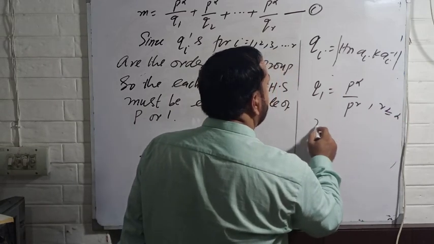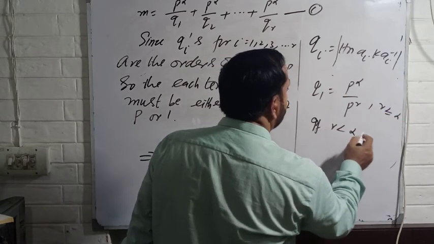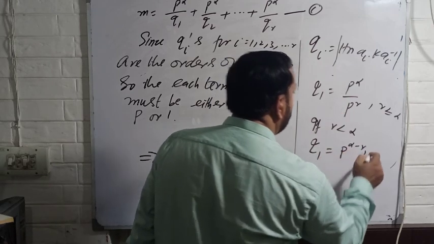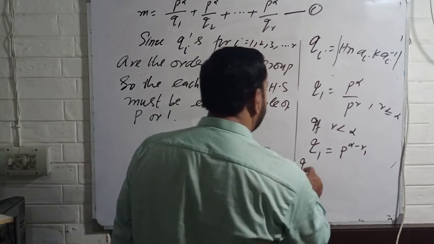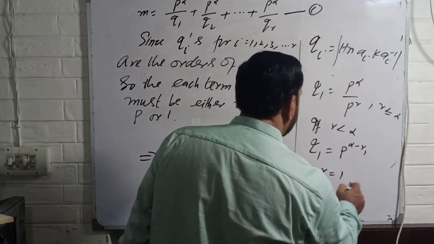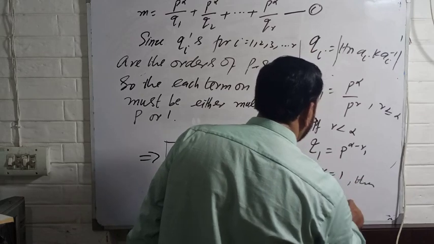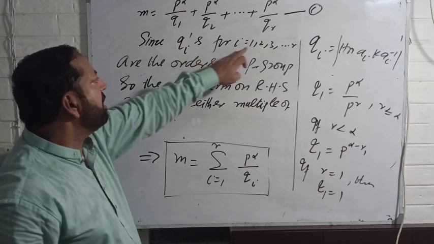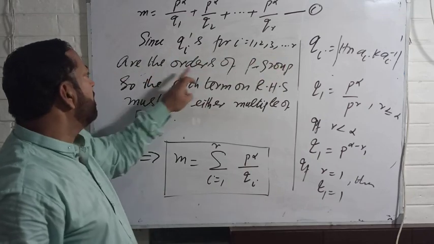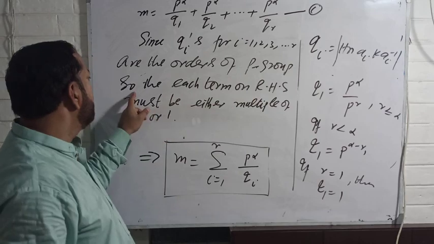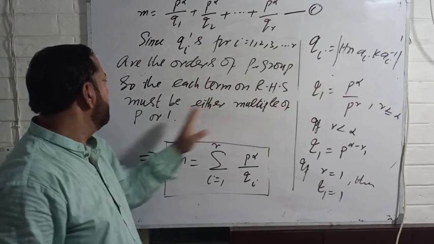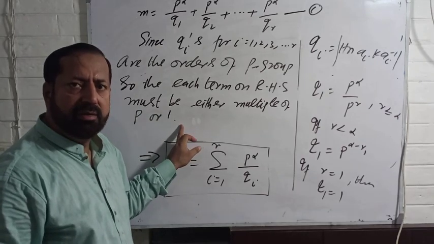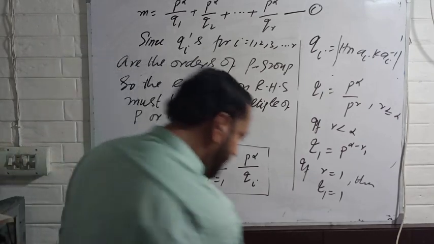So if r is less than alpha, then this must be equal to p power alpha minus r1. But if r is equal to alpha, then Q1 must be 1. That's why I am writing: since Qi for i from 1, 2, 3 to r are the orders of p groups, each term on the right side must be either a multiple of p or equal to 1. Right? Okay.